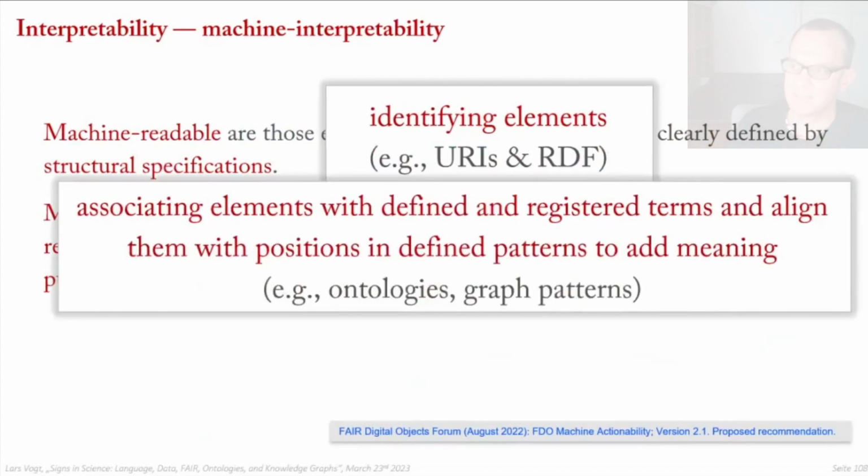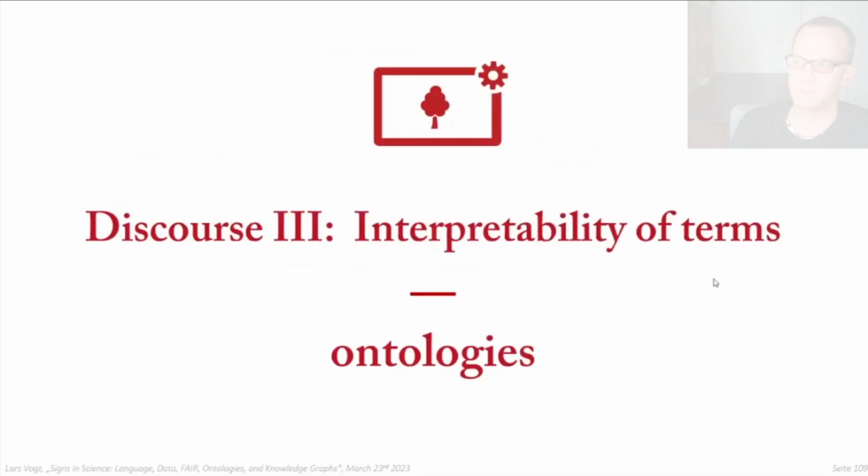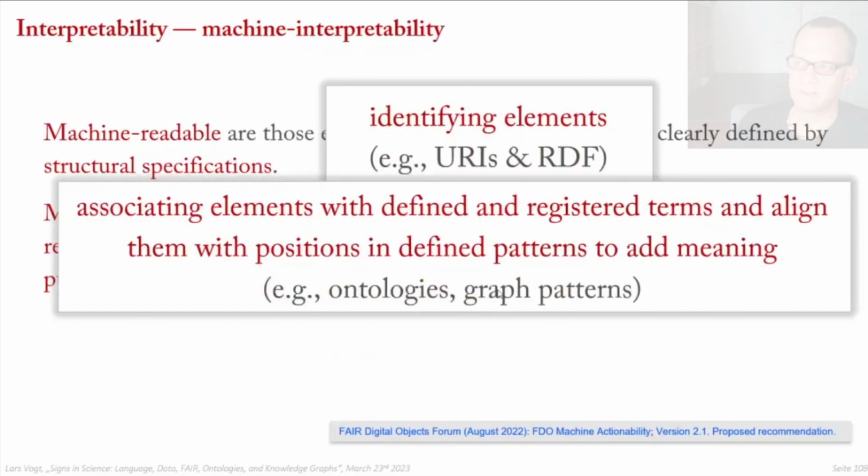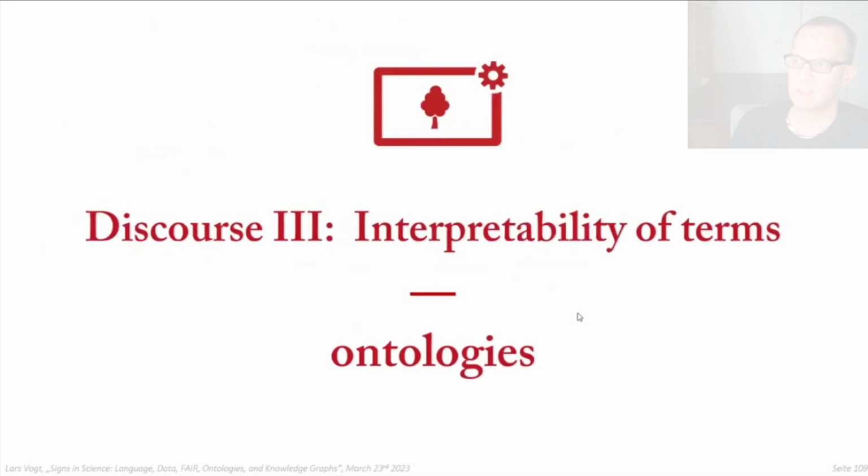Well, in the context, again, of ontologies and knowledge graphs, it means we have to associate elements with defined and registered terms and align them with positions in defined patterns to add meaning. So we need ontologies and we need graph patterns here for this purpose.